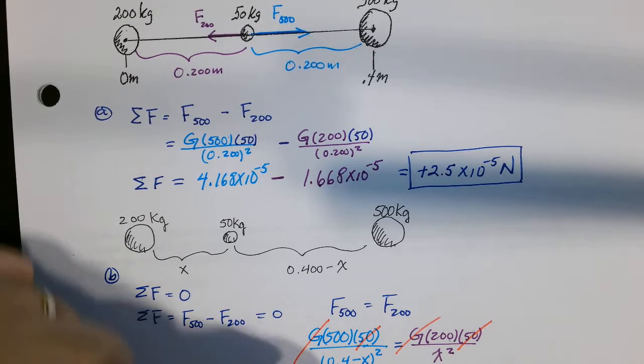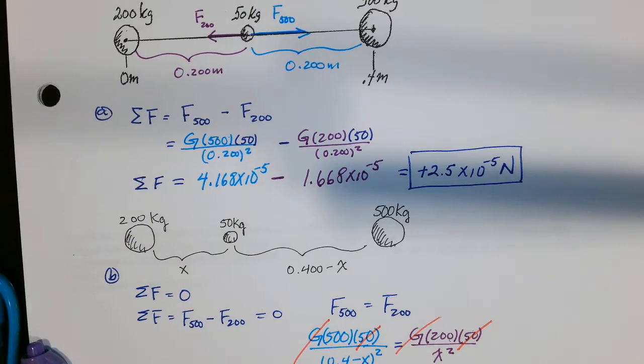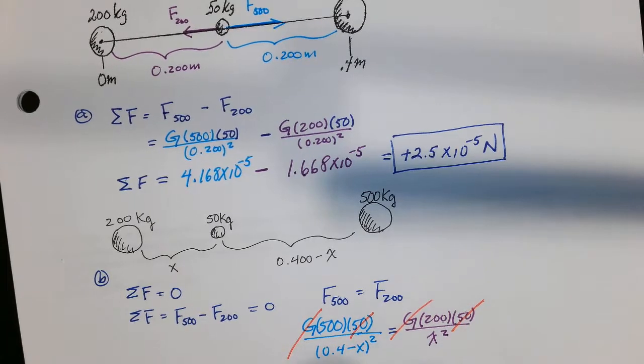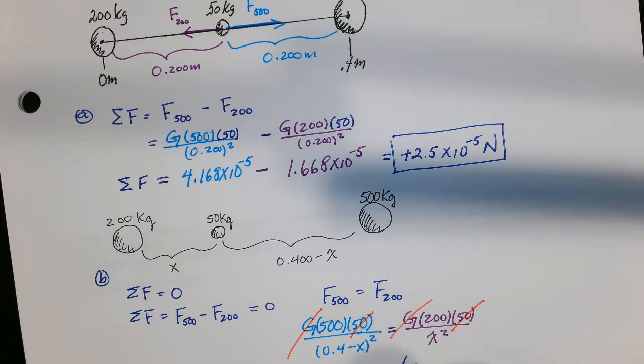If you cross multiply, you're going to get 500x squared is equal to 200 times 0.4 minus x quantity squared. Of course, you're going to have to FOIL this.